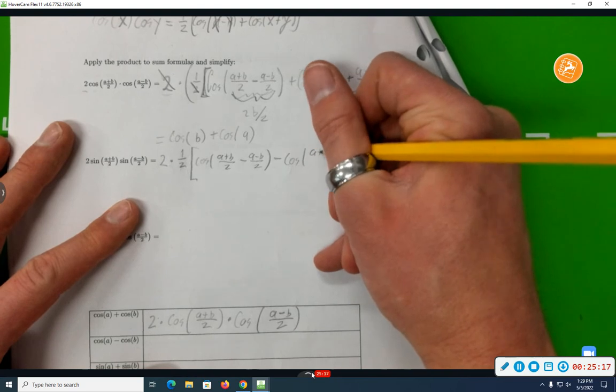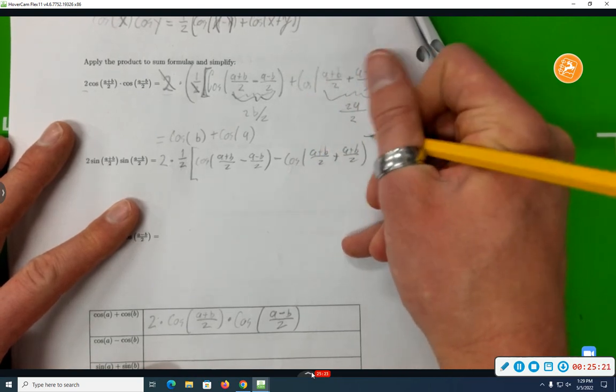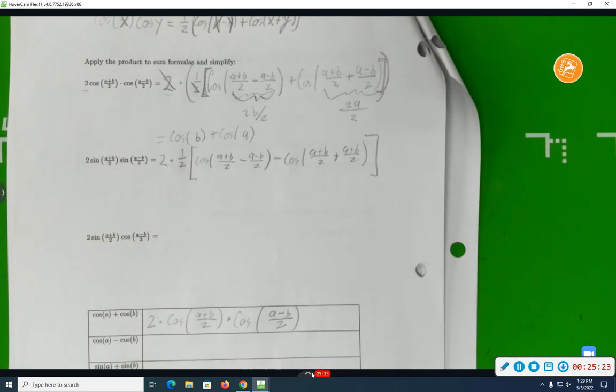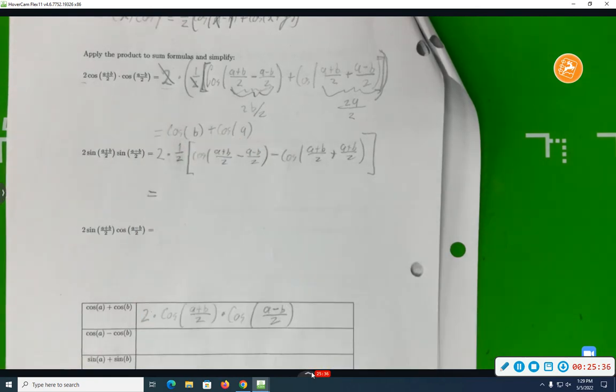A plus b over 2 plus a plus b over 2. Okay, does that look pretty similar to what we just did? I think it does. So by following the same steps as up there, let's see what that simplifies to.